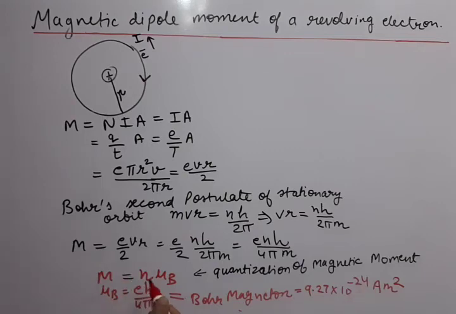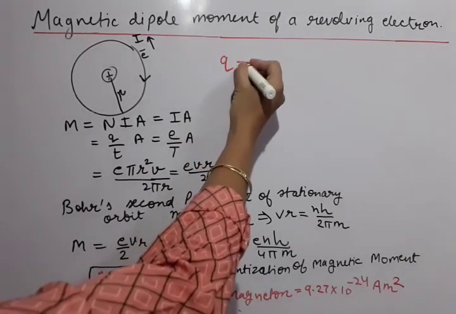And you see here we have got this equation m equal to n mu B. Whenever n is appearing in any equation, that means that equation is a quantization equation. Like we had studied charge quantization.